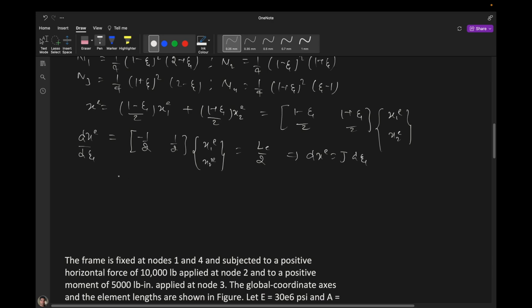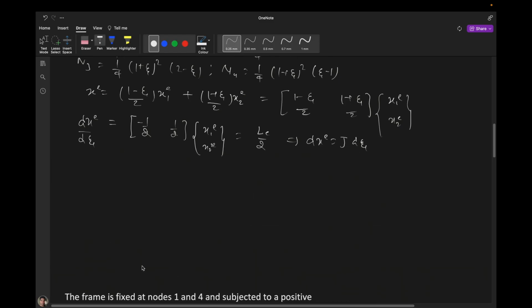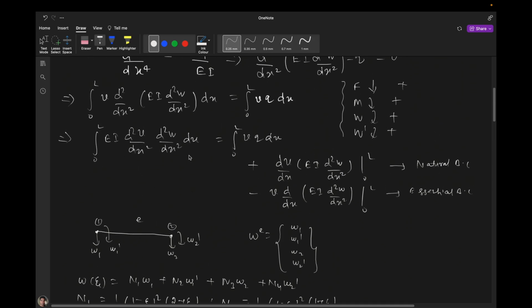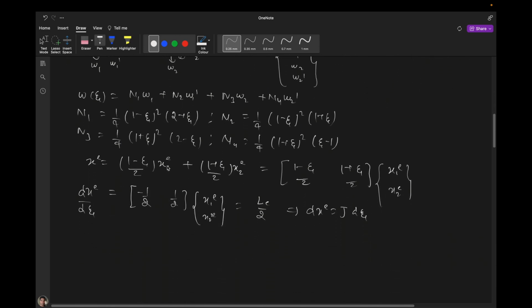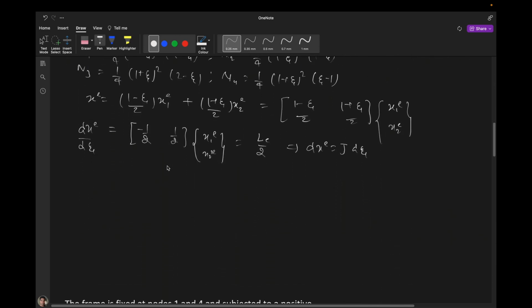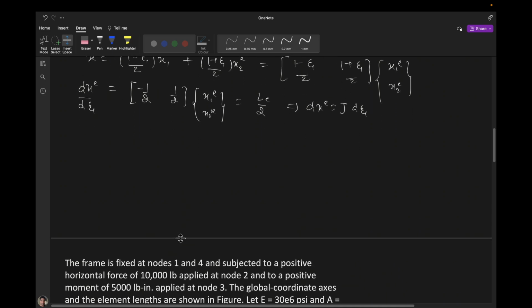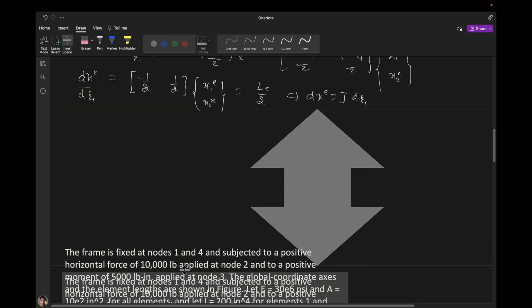Okay, so why are we doing this? Because I want to convert this integration for each element into our elemental form, so that's why we are trying to change the variable.